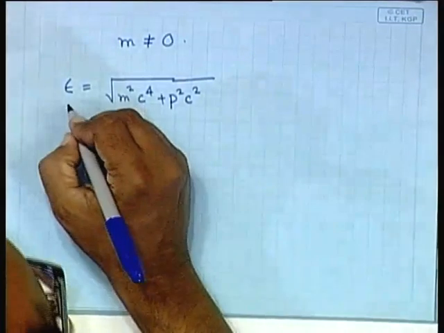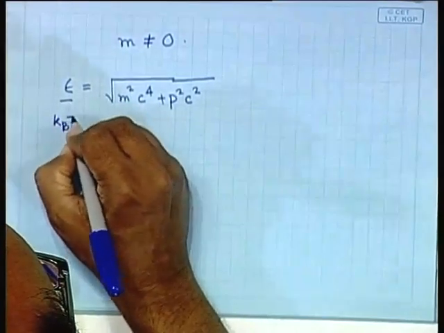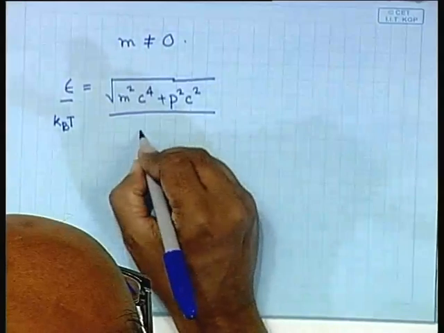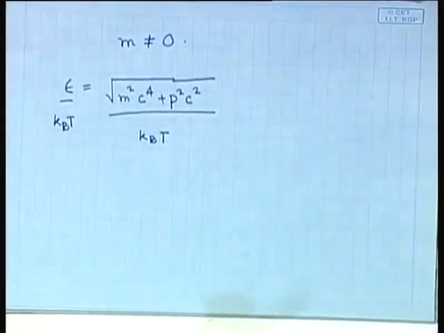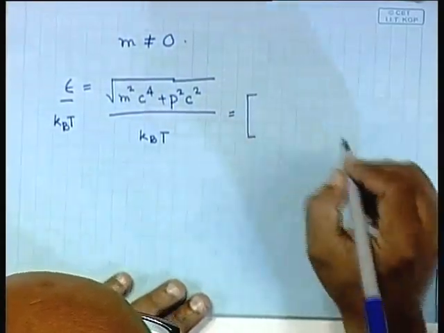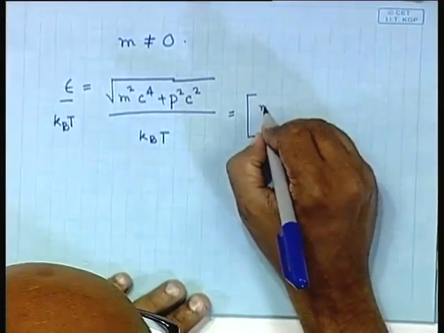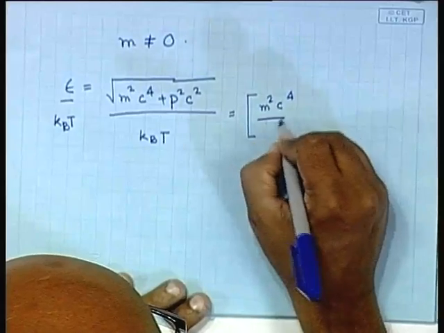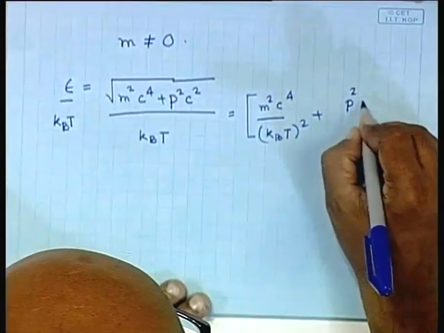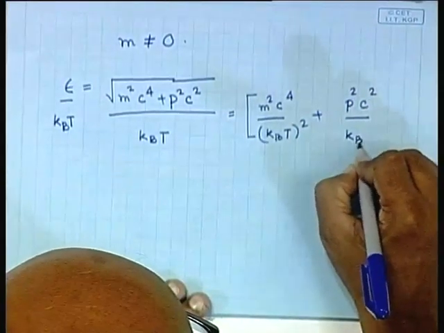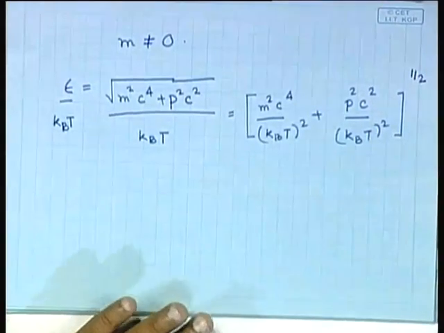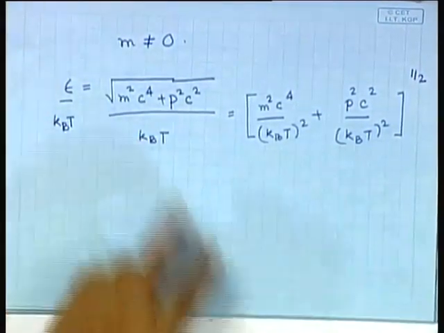So, the quantity of interest is this divided by kBT, divided by the Boltzmann constant into T, and this we can write in this form. I have just written it like this.